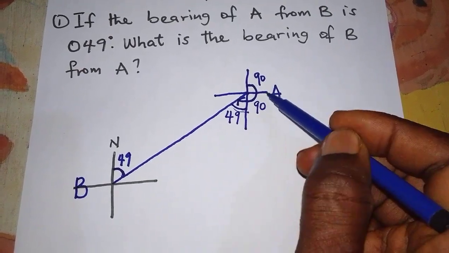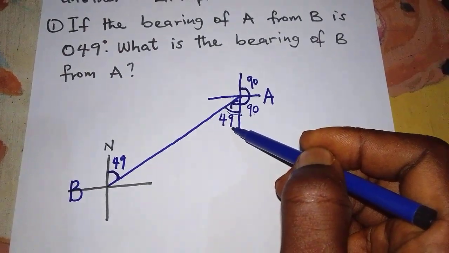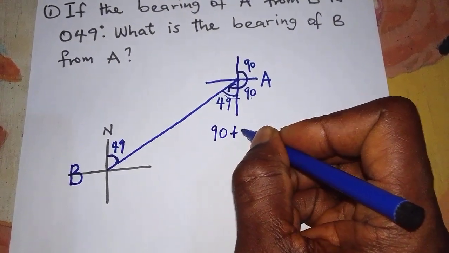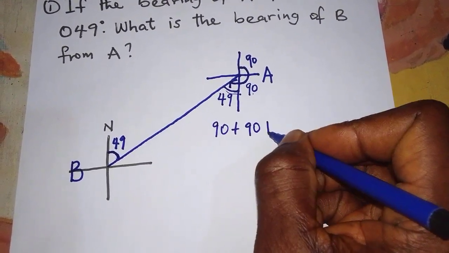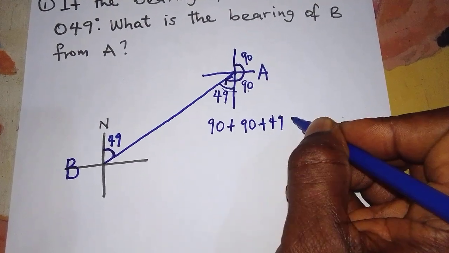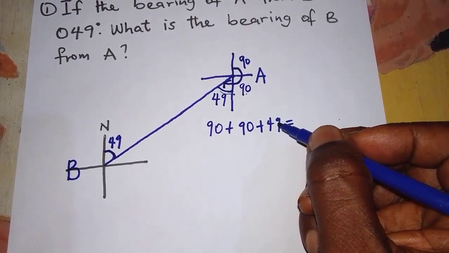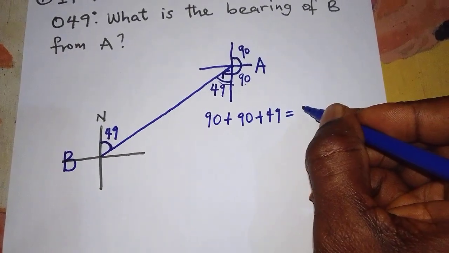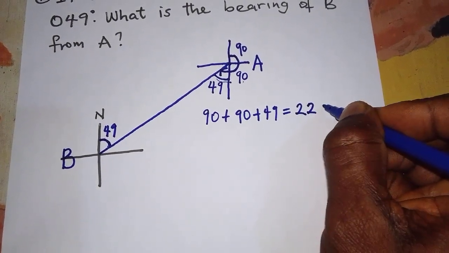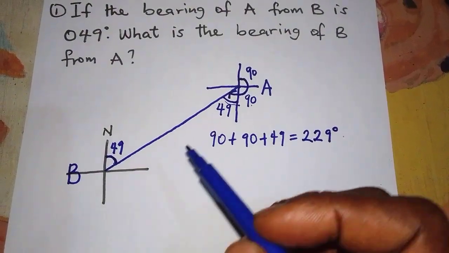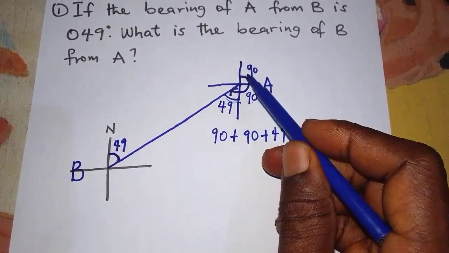That means 90 plus 90 plus 49. 90 plus 90 is 180. 180 plus 49 will give you 229 degrees.